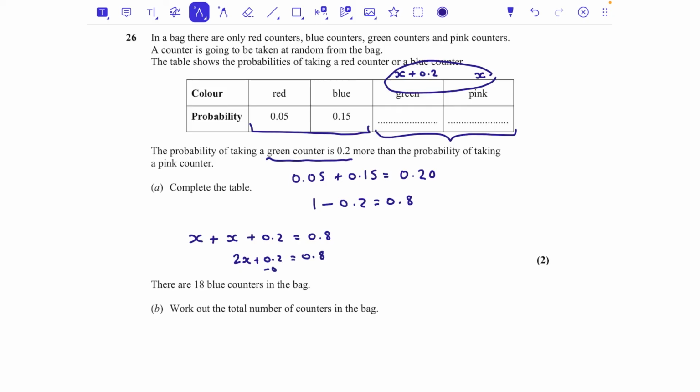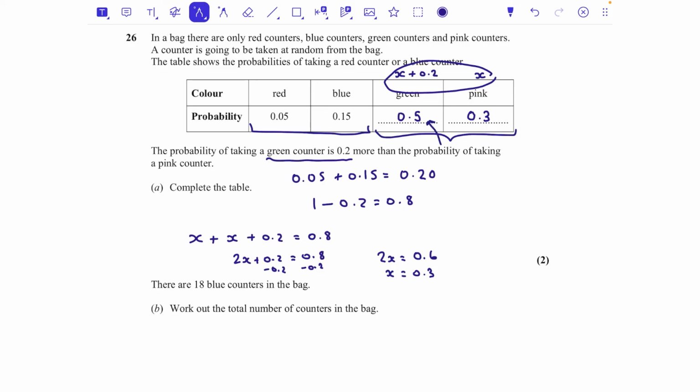Take away the 0.2, which means that 2x is 0.6, and so x is 0.3. And then I know that this one is 0.3 because that's x, and this one is 0.5 because I need to add 0.2 to it. And you can now see that they add together to make 0.8, and this one, green, is 0.2 bigger.